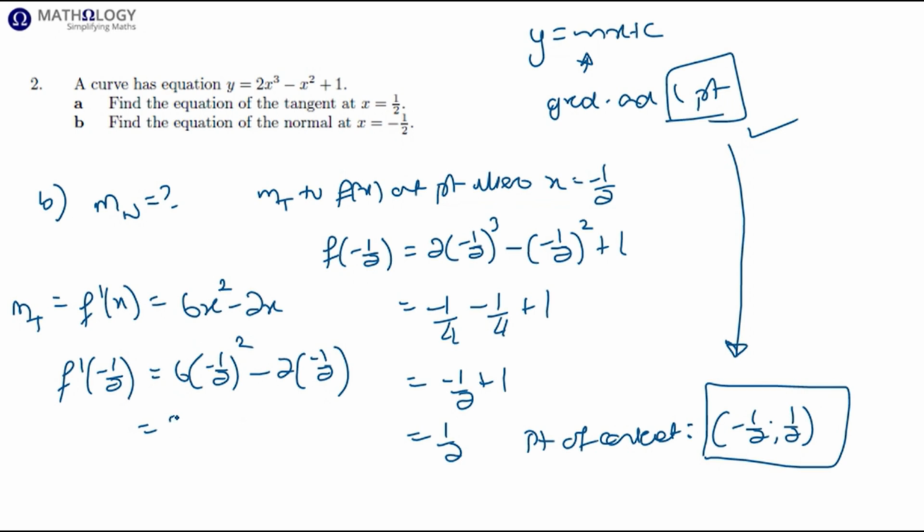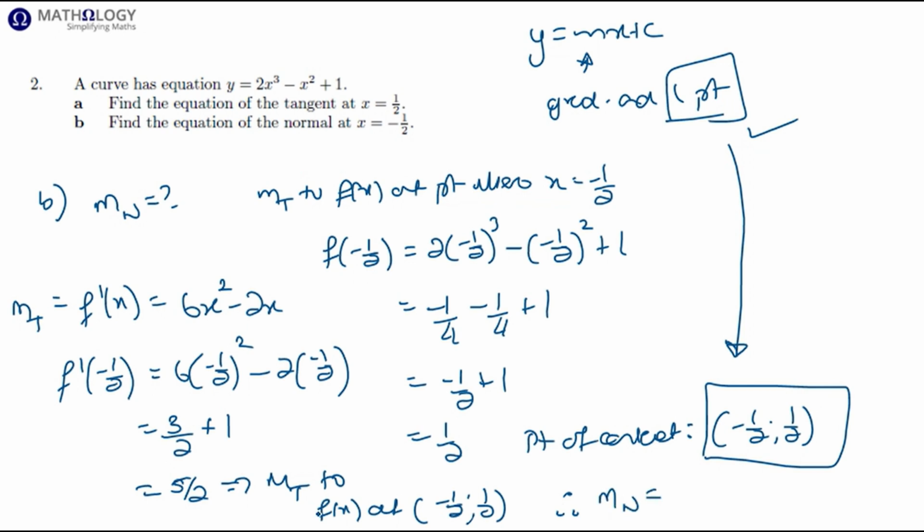That will be 6 quarters, which is 3 over 2, plus 2 times a half, so it will be plus 1. 1 and a half plus 1 is 2 and a half, which is 5 over 2. Leave it as a fraction. 5 over 2 represents the gradient of the tangent to f of x at the point of contact minus a half. Therefore, because the normal is perpendicular to the tangent, the gradient of the normal is the negative reciprocal of 5 over 2, which is minus 2 over 5.